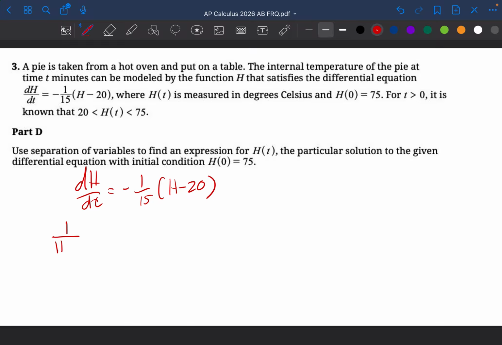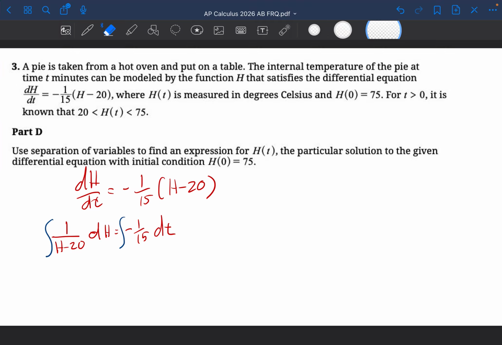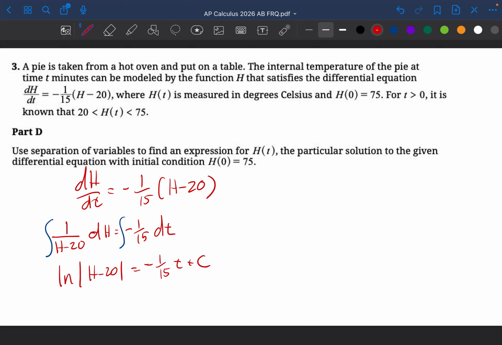So 1 over h minus 20 dh equals negative 1 over 15 dt. So that's step 1. Once we've done that, we can integrate both sides, leaving ln of absolute value of h minus 20 equals negative 1 over 15 t plus c.